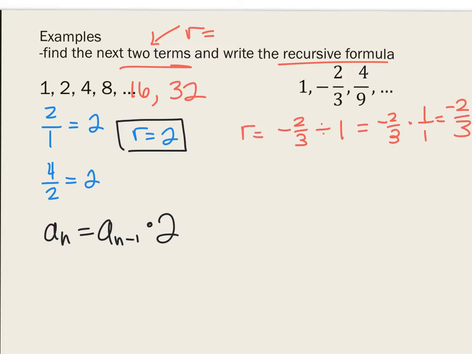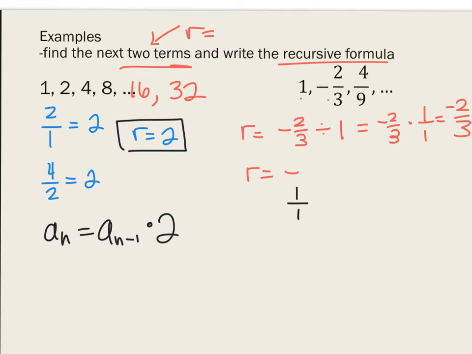Now I could check that to make sure that's the same. Another way that I could do this is, if you notice, these are alternating from positive to negative, back to positive, and it's probably going to go back to negative. So I know at least my r is going to be a negative value. But I can also set this up so that I can look at this in terms of fractions.